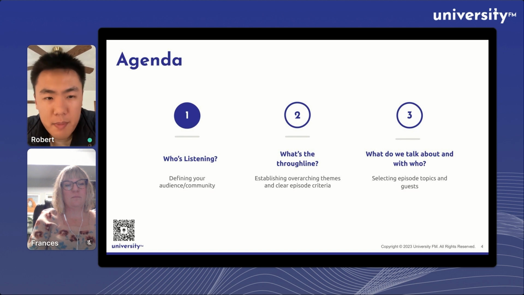So first, it's all about defining the audience for the podcast or the community around the podcast. From there, establishing some overarching themes for the season, the show itself, and even at the episode level. That's where episode criteria comes in. And the last part, after we have some themes and episode criteria, is how to actually go about selecting episode topics and guests for our show.